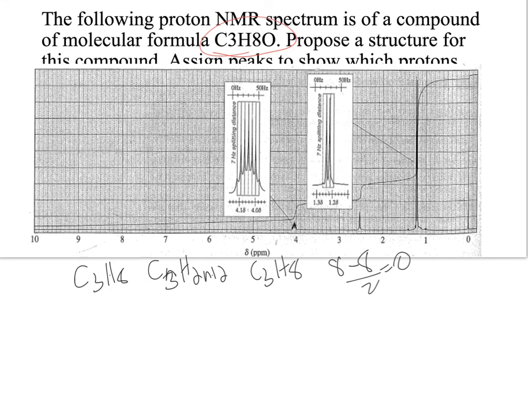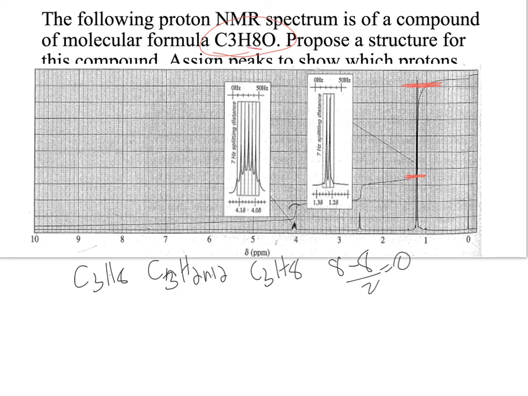Okay, so what's our height here? You might have to look at your book if that's hard to see, but let's see. That height of that integral is going to tell you how many protons.